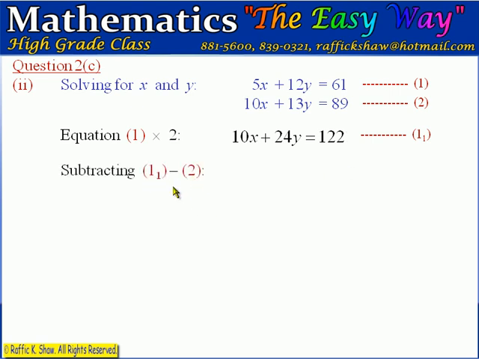We are going to subtract equation 2 from equation 1. So it's this equation minus this equation, and this is the result of that subtraction. 10x eliminates the term in x, and 24y minus 13y leaves us with 11y on this side, and then on this side of the equation 122 minus 89 is 33, and so we end up with 11y equals 33.